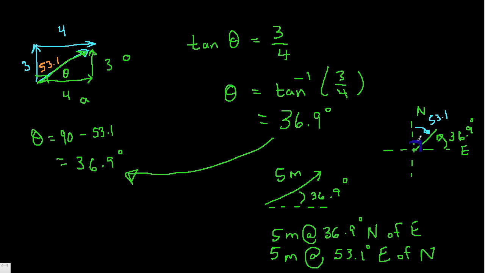So these two together add to 90 degrees, and it's just two different ways of describing the same vector. So both of these answers are completely and 100% correct.